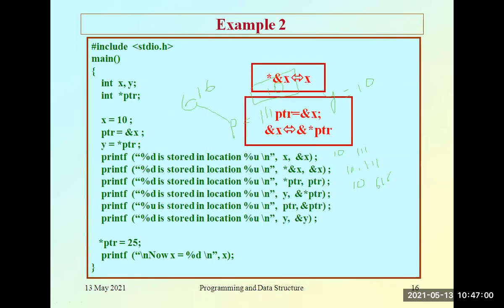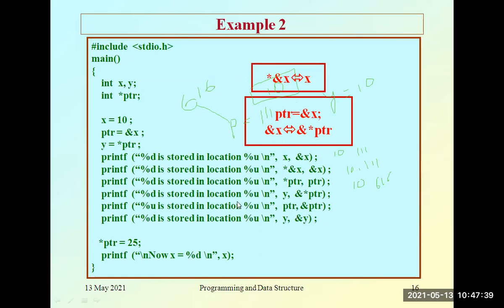See here. Here we get the ampersand, and star pointer means the value at the address of x.